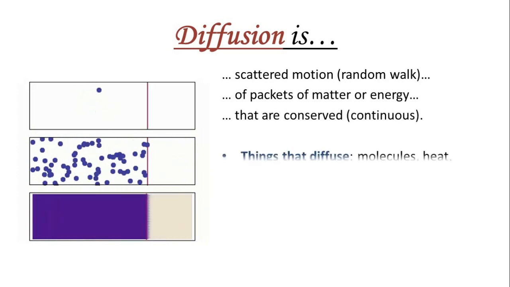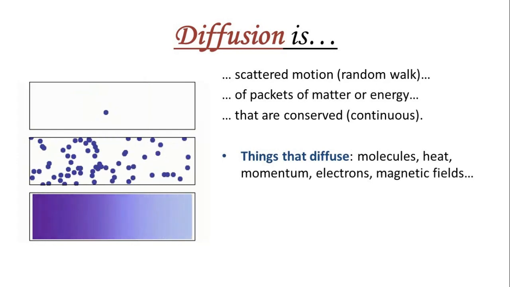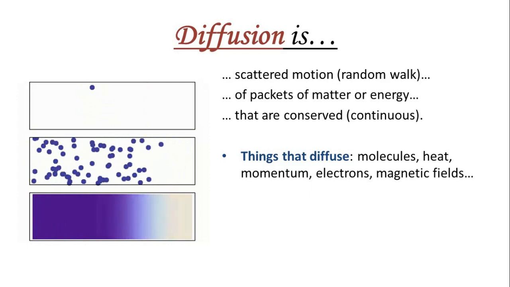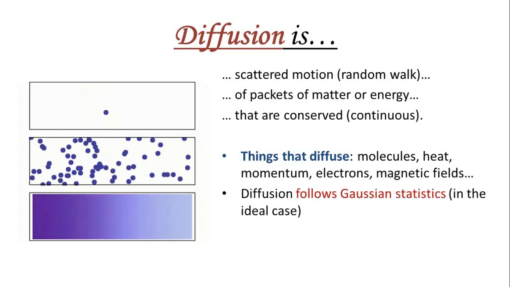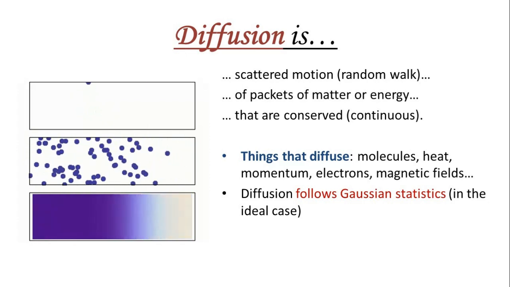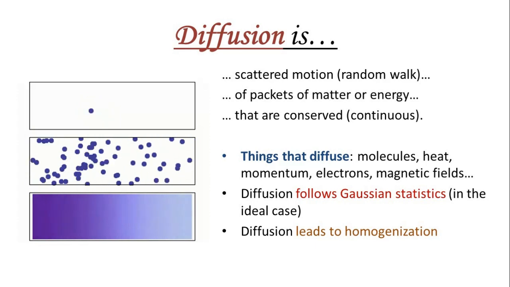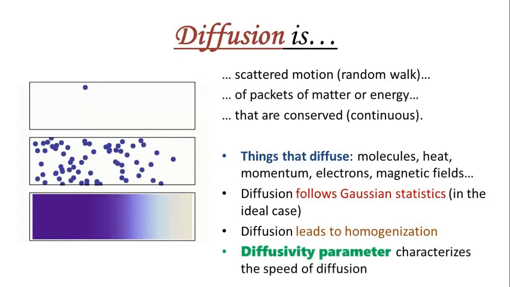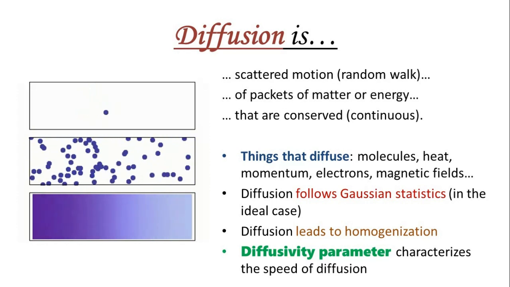For example, that something could be molecules, or phonons of heat energy, or bits of forward momentum in the case of fluid dynamics. Diffusive motion follows Gaussian statistics in the idealized case, and eventually leads to homogenization or flattening out of concentration profiles. The diffusivity parameter characterizes the speed of diffusion, how fast the profile flattens out.